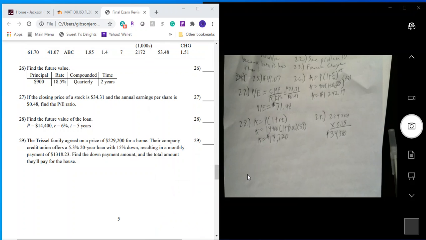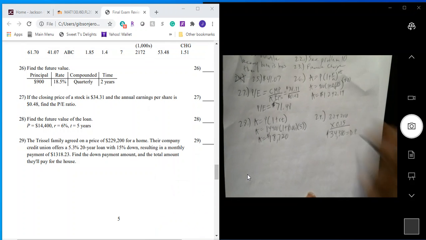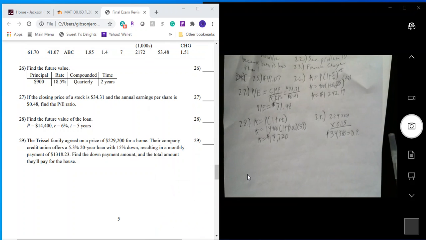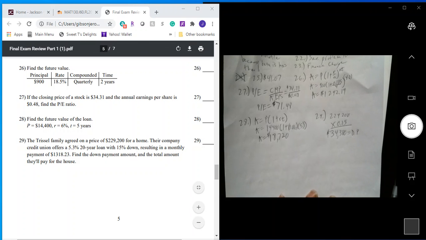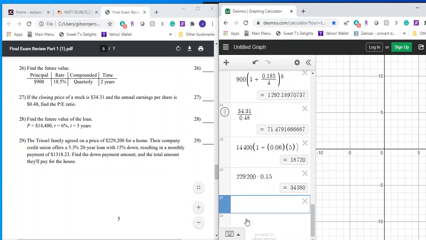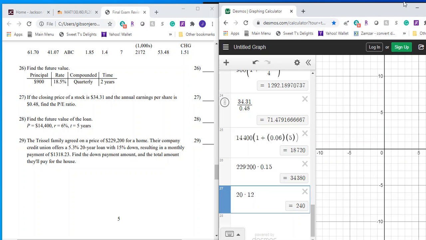Now, the next thing, and I'll just put equals the DP for the down payment. Okay, then they want us to find the total amount they'll pay for the house. Now, what you have to do to find the total amount, it's a 20-year loan. So we'll do 20 times 12. So there's 240 payments.